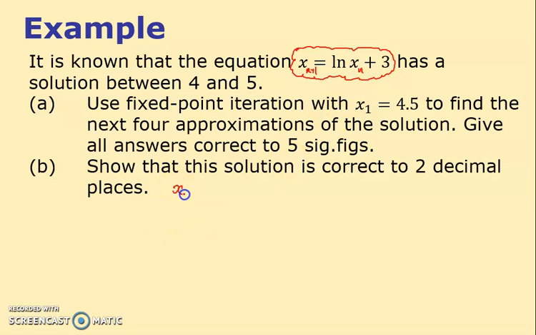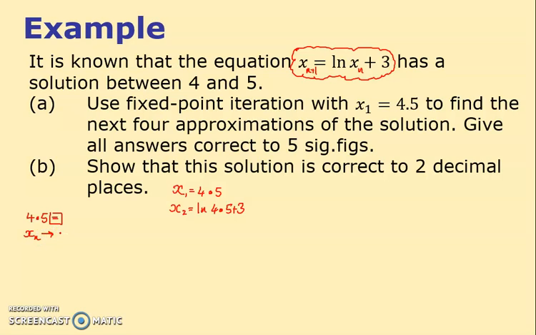So if x1 equals 4.5, which it tells me to do, my x2 I can do on my calculator, and it's the log of 4.5, add 3. And we've seen how to do this in the past, haven't we? You type in 4.5 and equals on your calculator. And by pressing the equals button, I can then say x n effectively, which is what I want to find.